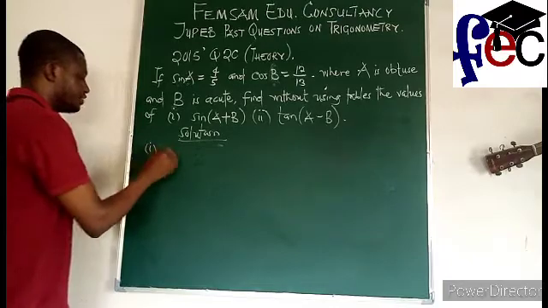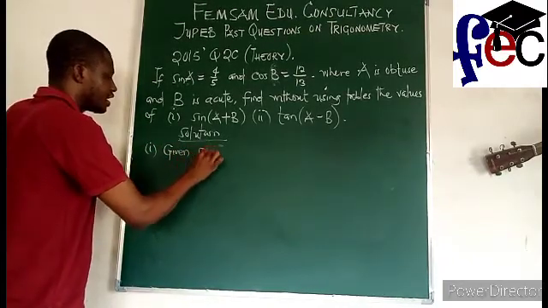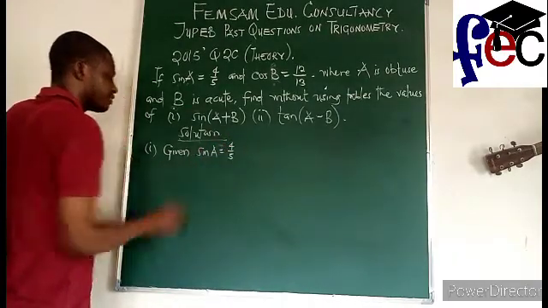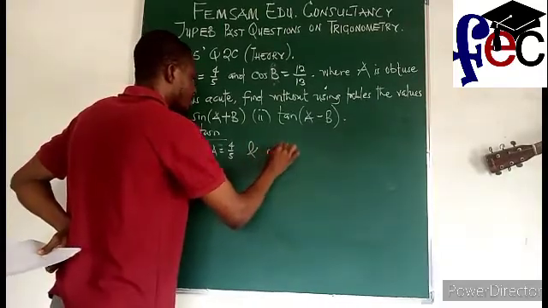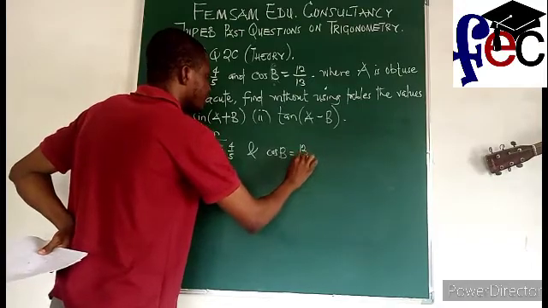So I will say, given sine A equal to 4 over 5 and cos B equal to 12 over 13.